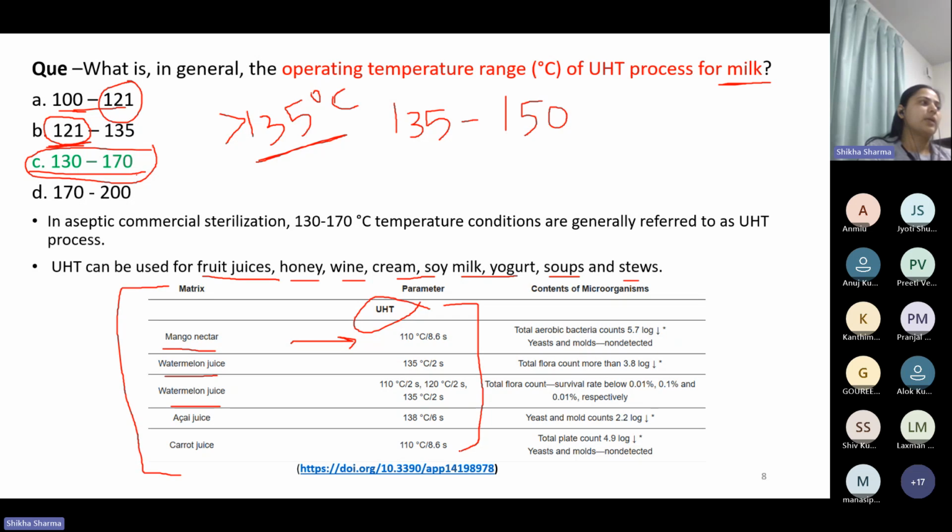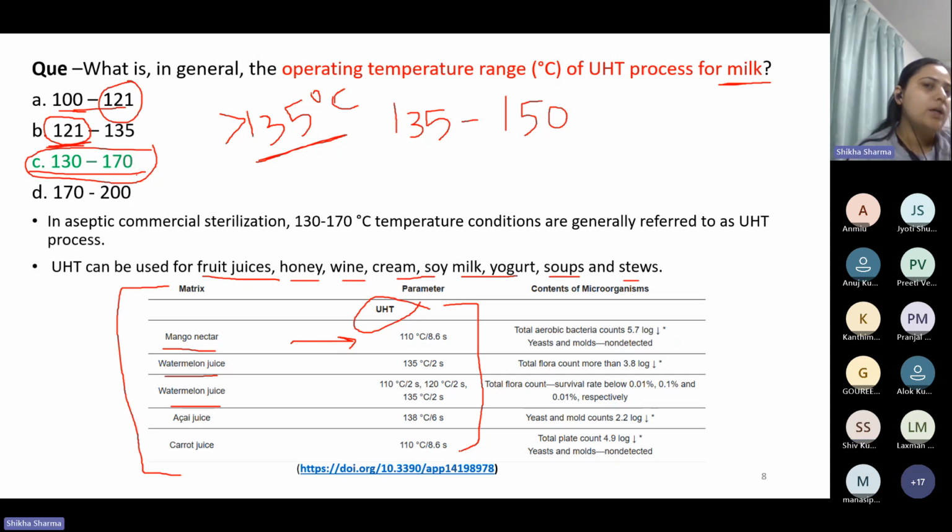Like we have HTST and LTLT, low temperature for long time and high temperature for short time. But that is for milk specifically. There are other products like juices and jams that are also pasteurized. For them the temperature may vary, but it will be less than 100, maybe 80 to 90 for juice pasteurization.